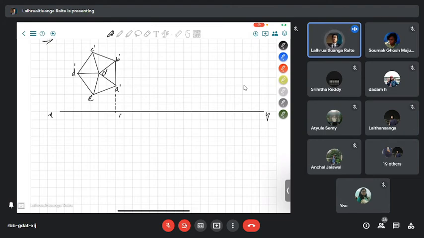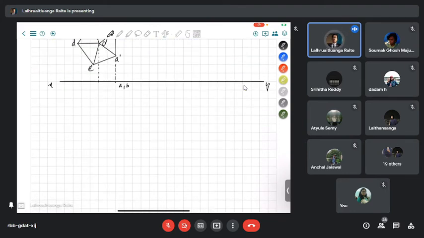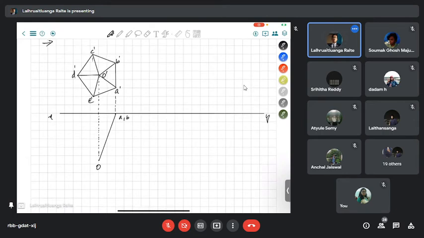AB is going to be formed here, and our axis O line, as per the question, is going to be 55 mm. E and C of the base are going to fall there, and D is going to come here as well.